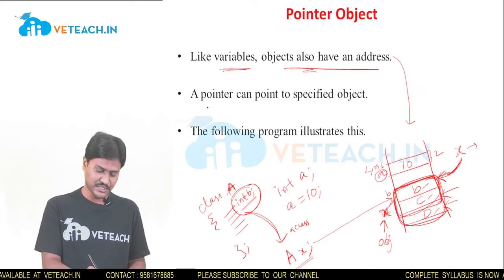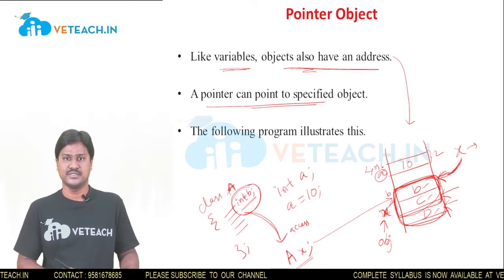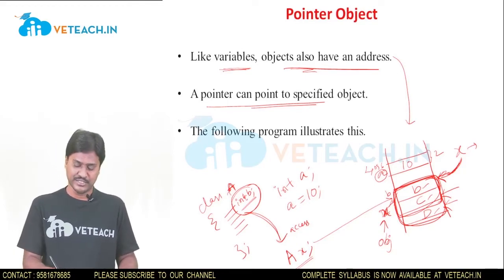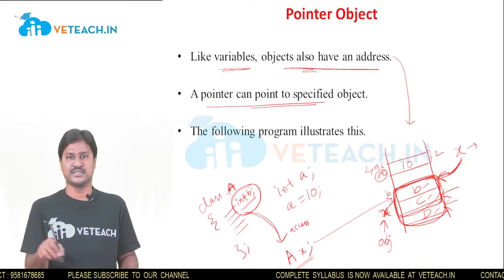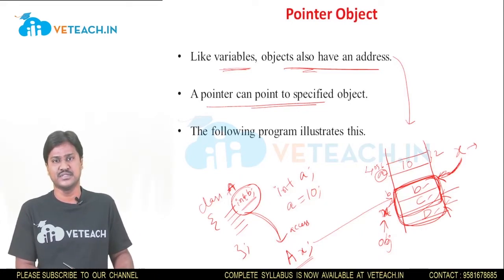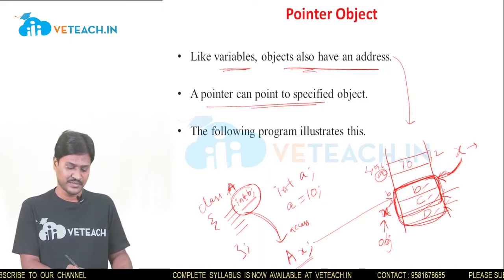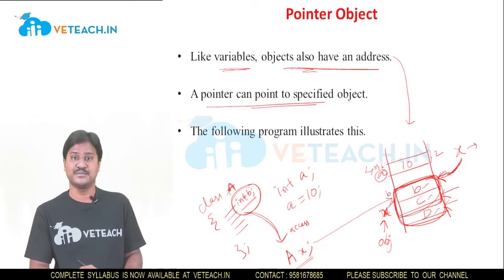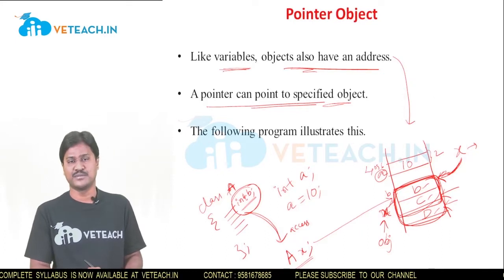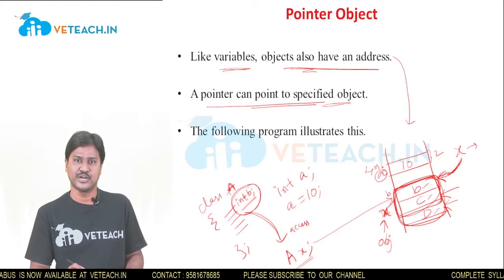The next one: a pointer can point to a specific object. This is the second point we need to learn in pointer object. The object is also a reference to the object variables used in the class, and it holds the address of the first variable defined in the class. In addition to that, a pointer can point to a specified object. As in the previous program on pointer to class, we assigned a pointer to an object like this.